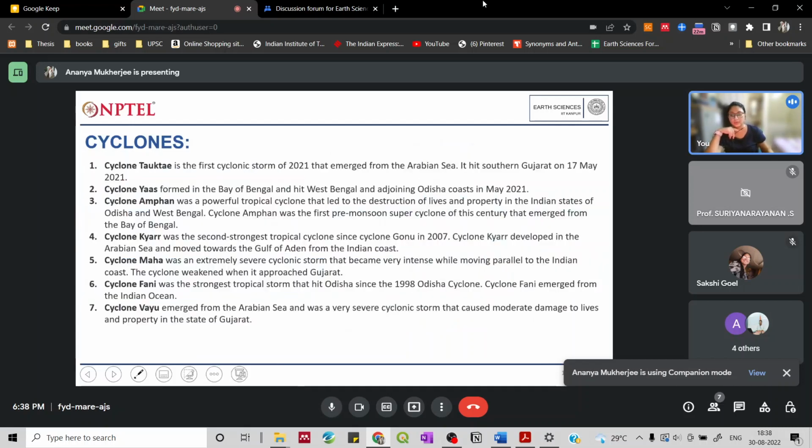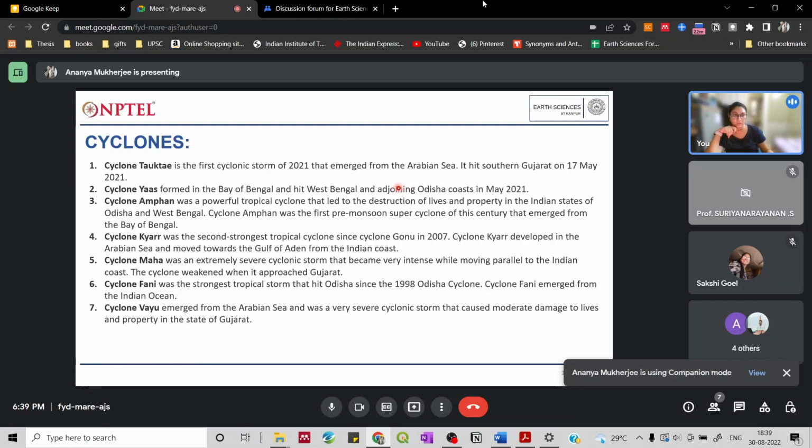So these are some of the major cyclones that have occurred in the past few years, which have caused a lot of destruction. One of the recent ones is Tauktae, which emerged from the Arabian Sea, which does not happen very often.